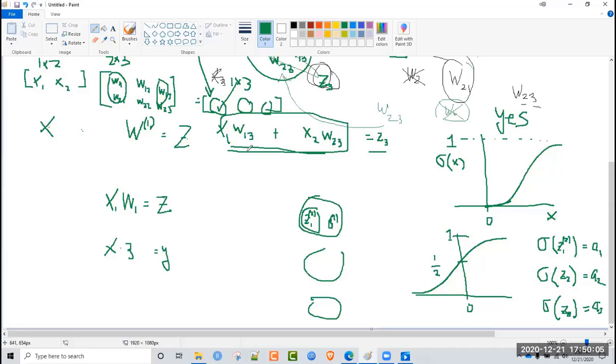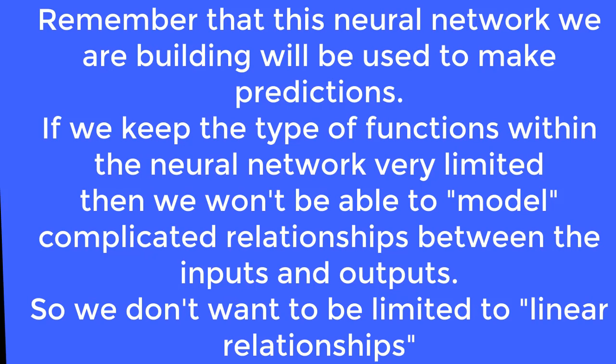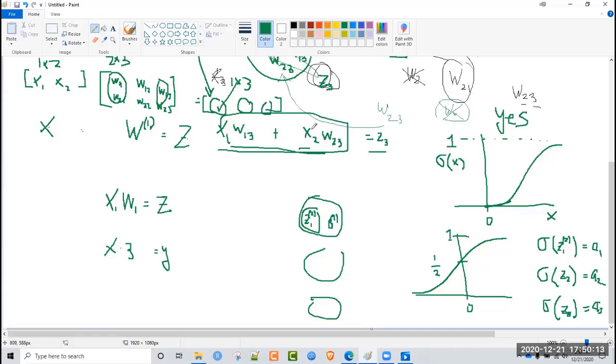And even if you have two calculations like this one, we still call it linear in x1 and x2 because it's not like x2 cubed or something like that, and it's not like this to the 4th.